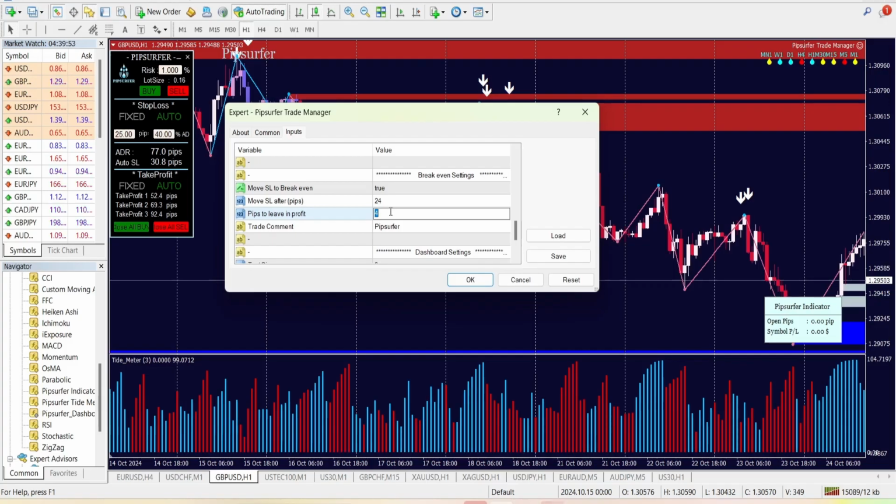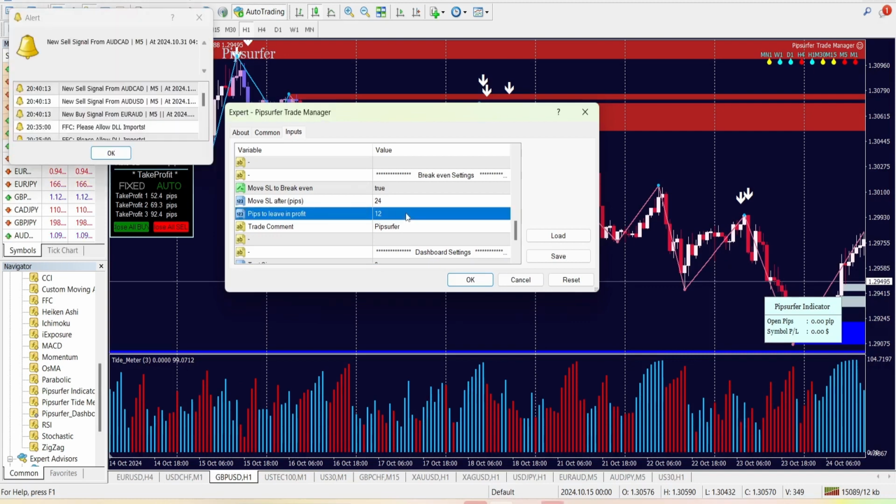So if you say, I want to keep 12 pips of the 24 after the market comes up, so you secure half of your break-even point, then if it's 30 pips, it'll move it from negative 30 pips to being in profit, your stop loss being positive 12 pips. So that makes it very, very easy for you to manage.